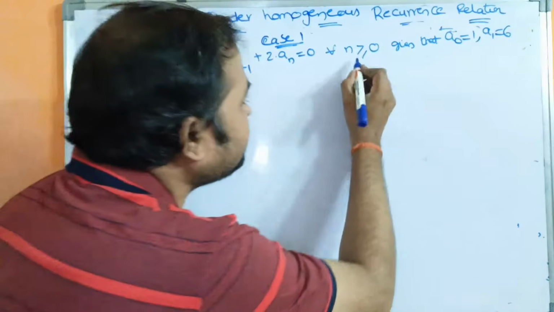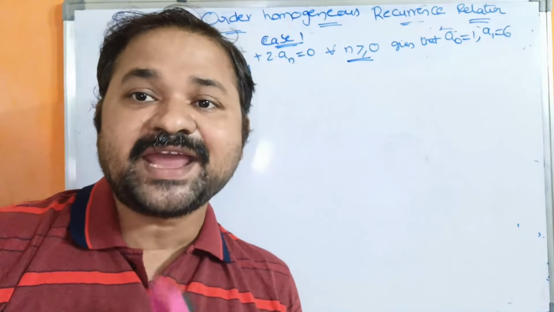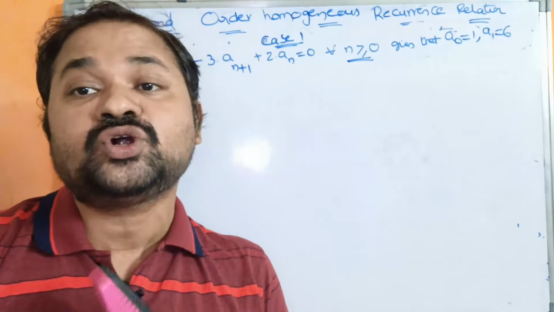Here n is greater than or equal to 0, but for a second order homogeneous recurrence relation, the n value should be greater than or equal to 2.